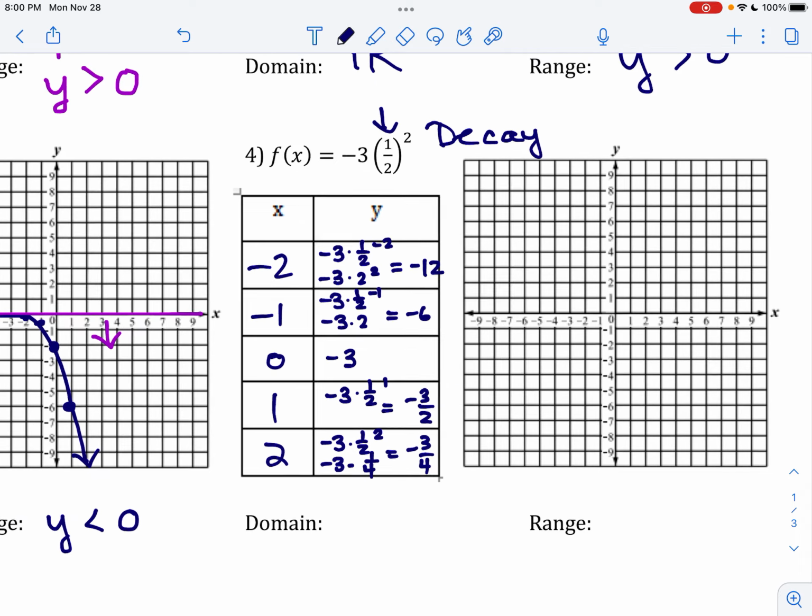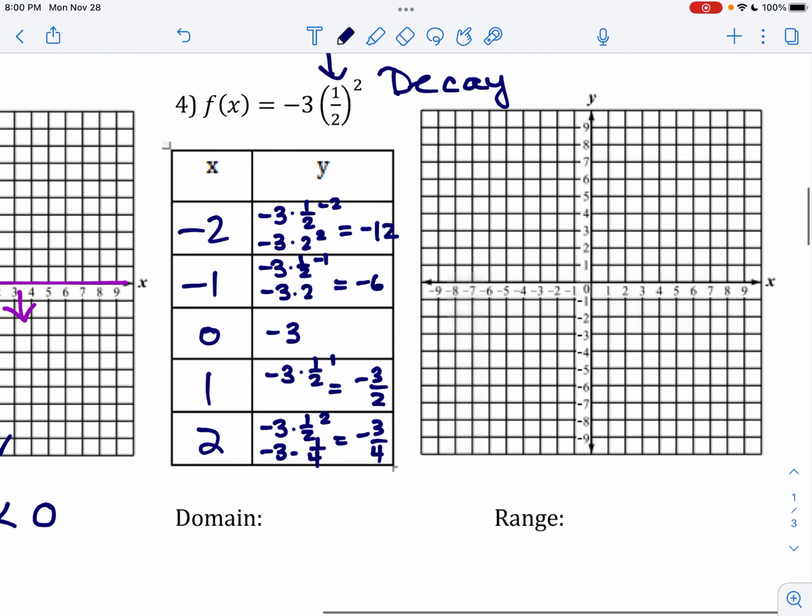All right, so let's graph what we can graph. -2, -12 cannot be graphed. -1, -6 is right here. 0, -3. Now, -3/2 is the same as -1.5, so we know where that goes on the graph.